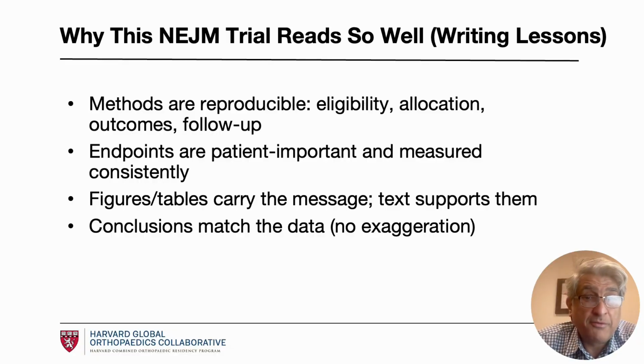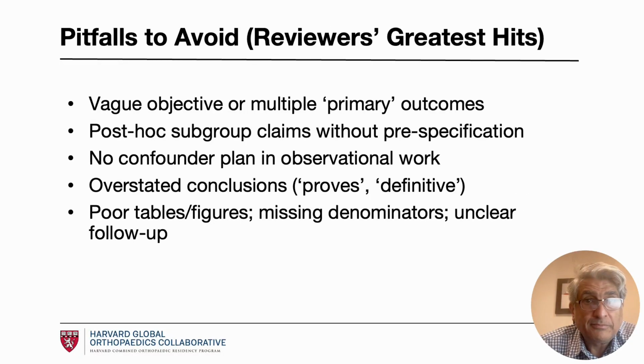Eligibility, allocation, outcomes, and follow-up are outlined. The endpoints are patient-important and measured consistently, and the figures and tables actually carry the message. The text follows and supports them. And the conclusions match the data. There are no exaggerations or overexpression of findings.